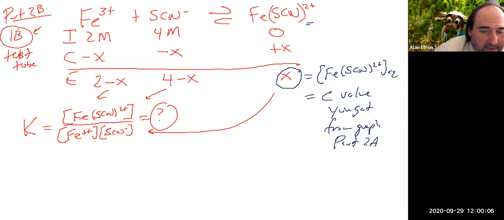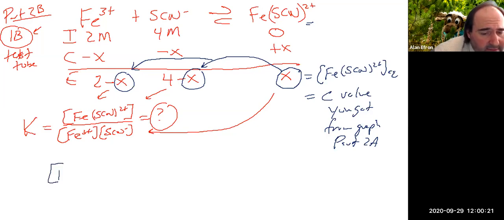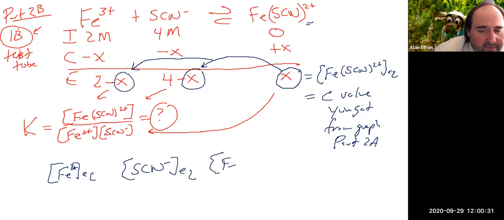Once you know this x value, you can put it in and come up with the equilibrium concentration of iron 3, of thiocyanate, and of your product.